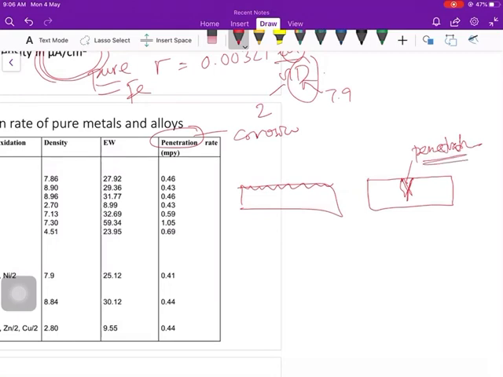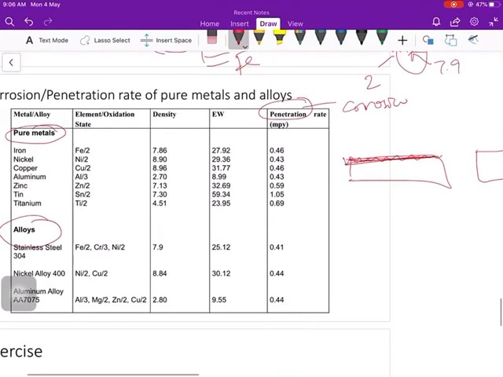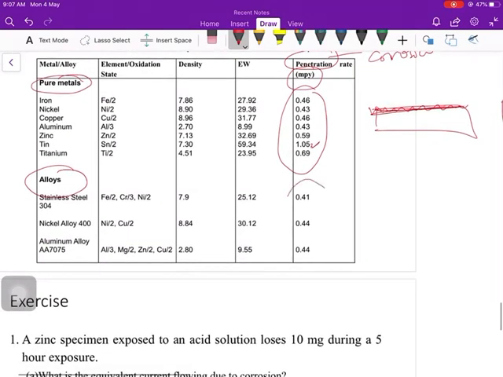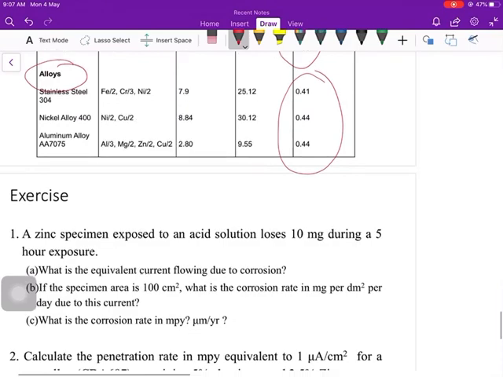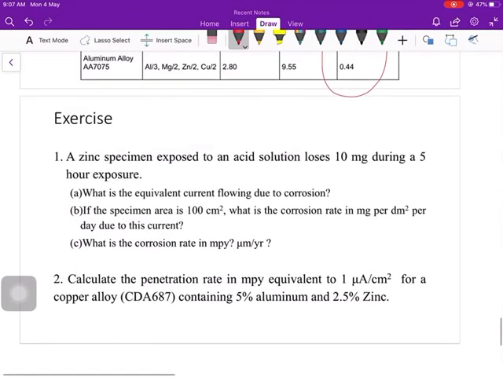If pitting, crevice or galvanic, we call it penetration. For uniform corrosion, it is corrosion rate, not penetration rate. This is the value for different metals in mils per year, and it shows that stannum corrodes very fast compared to other metals. Alloys are slower.